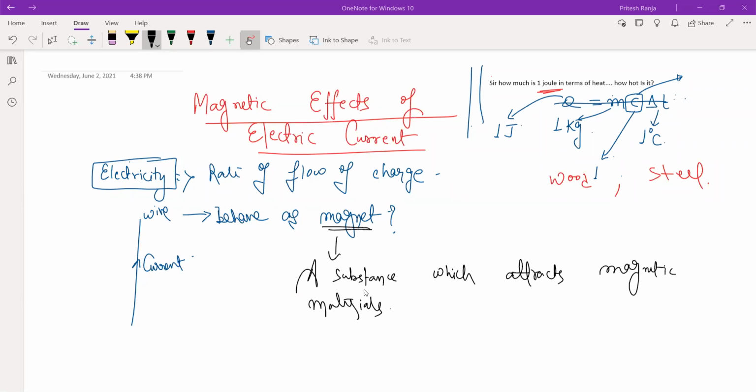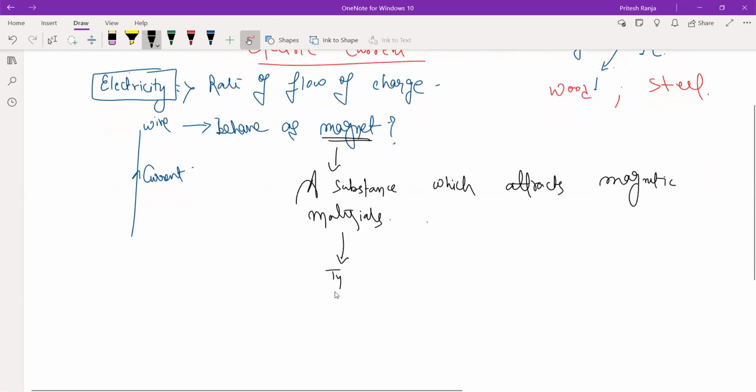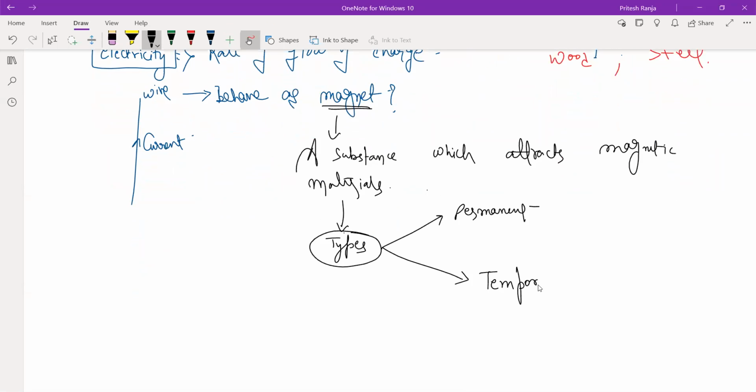Now let us see the types of magnet. There are two types of magnet: permanent magnet and temporary magnet.